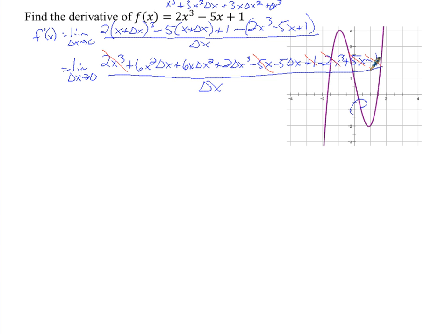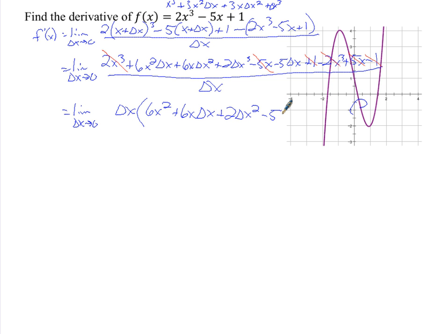Is that it? Okay, factor out the delta x and rewrite it. Equals limit delta x goes to 0. We know that every term here has a delta x left in it, so we're going to factor that delta x out. And now I'm going to write 6x squared plus 6x delta x plus 2 delta x squared minus 5.